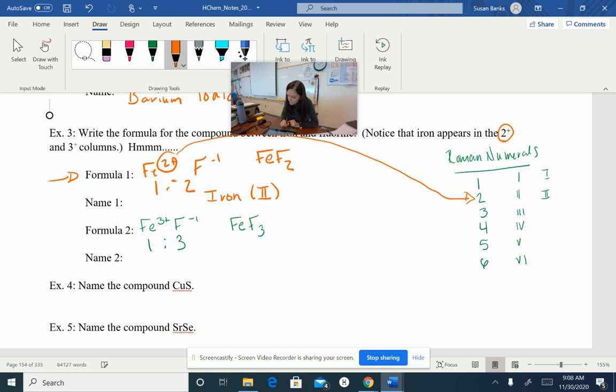We're going to use the Roman numeral 2 here. Now, some people will not put the parentheses in. Some people will. It's more correct to put the parentheses in. Remember, that 2 tells me the charge of that iron is positive 2. Okay? So iron (II) and then fluorine, so fluoride.